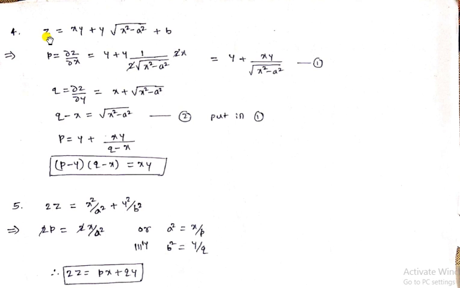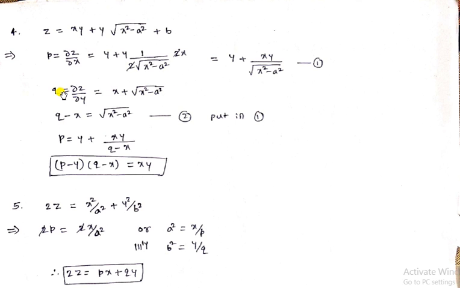Now differentiate the z function with respect to y. So dou z by dou y, which is denoted as q, is equal to: differentiation of xy with respect to y is x, because x is constant, plus y differentiates to 1 times the square root of x square minus a square, which is constant here, and b becomes 0.